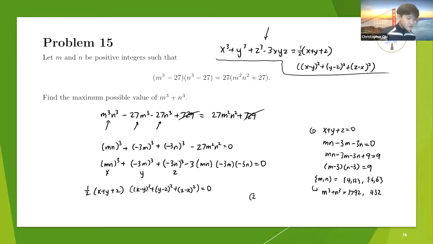So now let's explore the second case, that is if this thing is equal to 0. And here we can notice that a sum of squares can be equal to 0 only if each of the terms inside the squares are 0. So this means that x minus y must be 0, y minus z must be 0, and z minus x must be 0. So in fact, x equals y equals z.